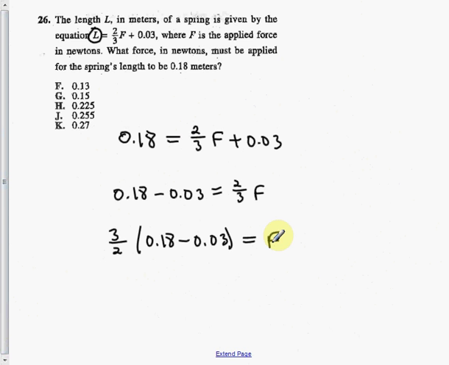And so just on your calculator, you work that out. And you get F, 0.225.